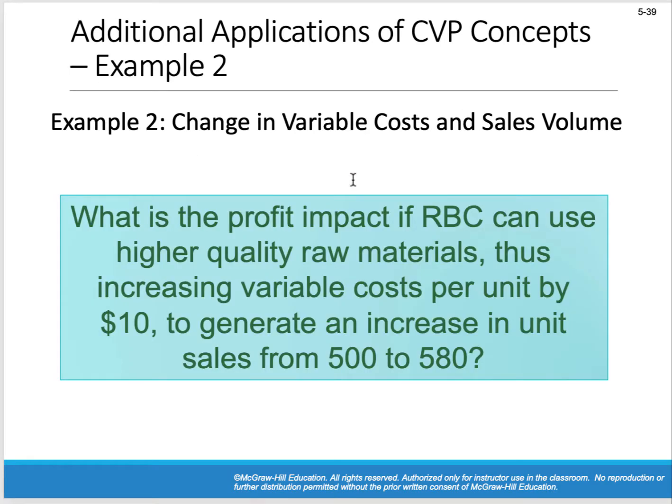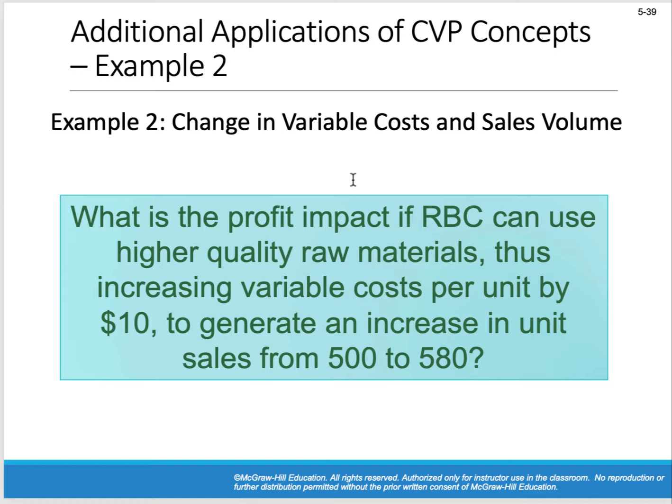Another situation that could arise is we could have changes in variable cost as well as changes in sales volume. This is something that definitely happens in business, right? We want to figure out a way that we can increase our sales.